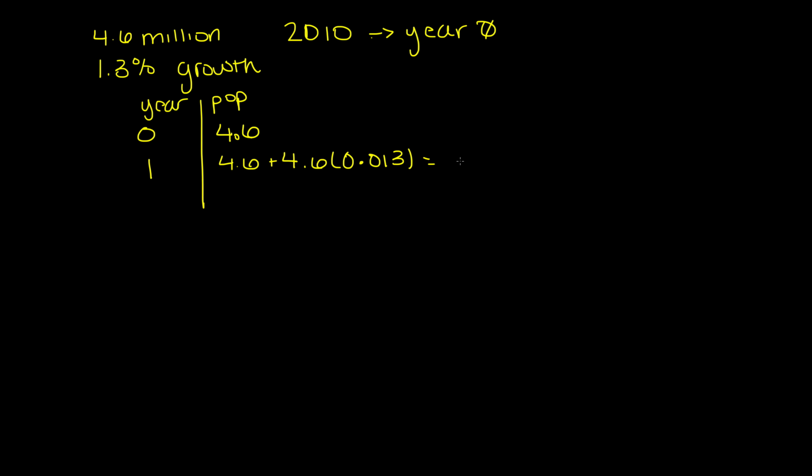I can rewrite this as 4.6, pull out a greatest common factor. Remember, 4.6 is being multiplied to 1, so I'm left with 1 when I pull out 4.6, plus 0.013, or 4.6 times 1.013.